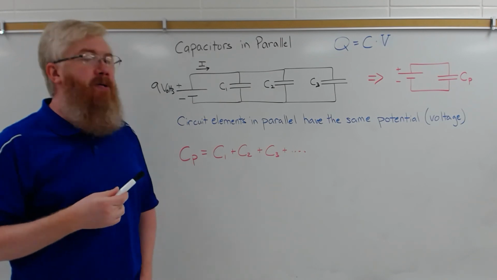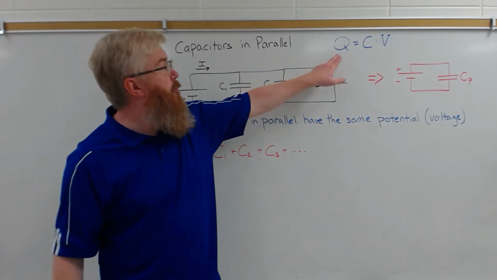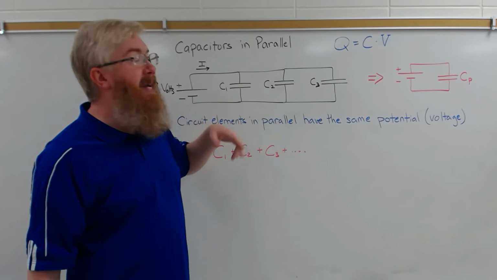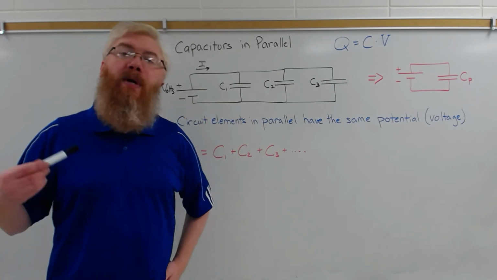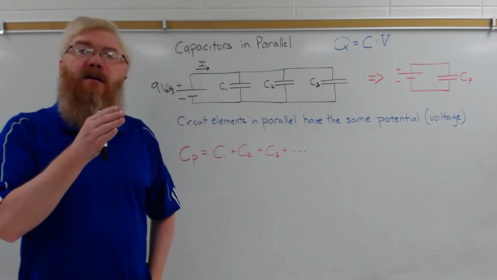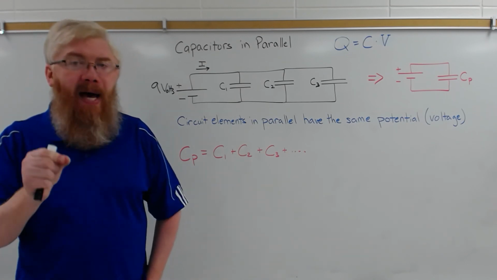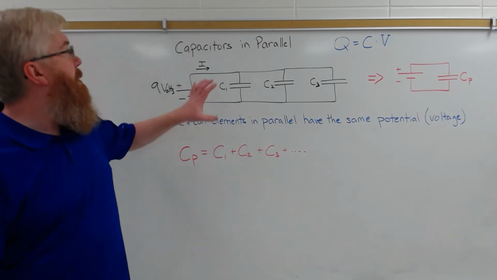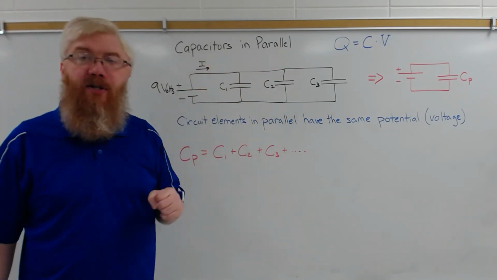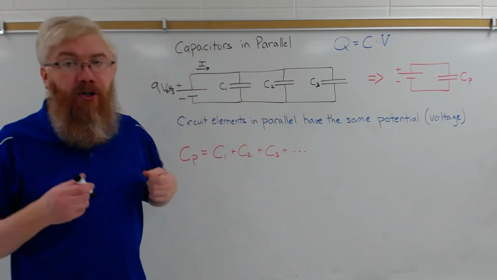Therefore, the charge on each capacitor is different. In a series circuit, the charge on a capacitor was the same, the voltage on the capacitors differed. In a parallel configuration, the voltage is the same, the charge differs.